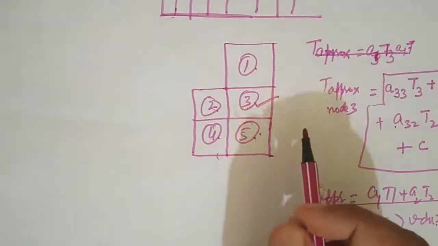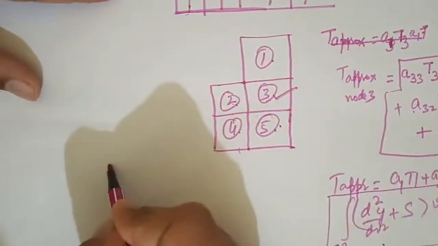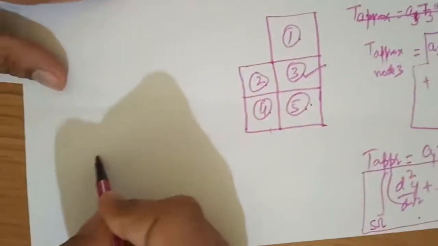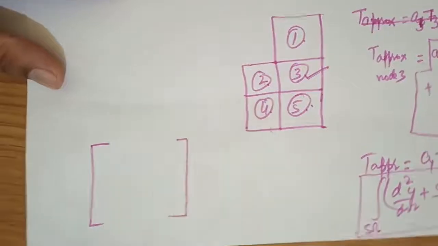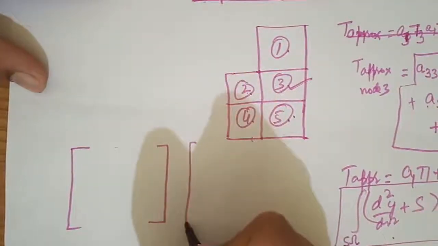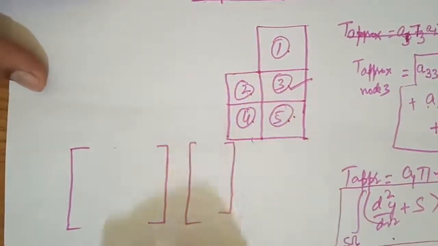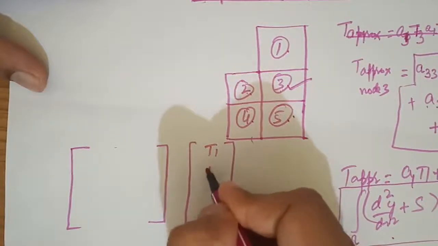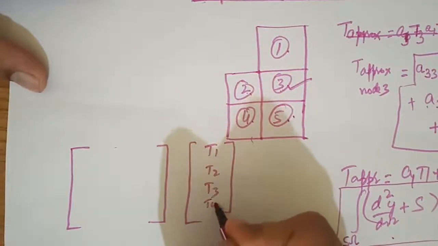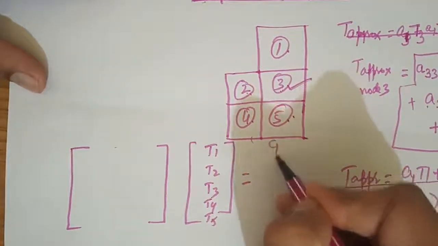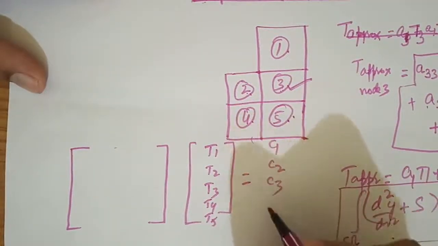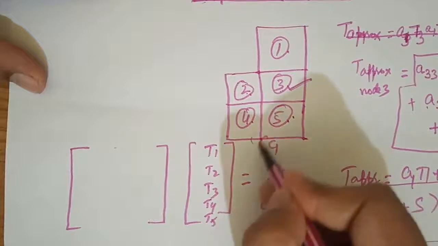Now let's try to write down, say I have something like this as my global matrix, and here I have what is to be found, say T1, T2, T3, T4, T5, and here I have some constants, say C1, C2, C3, C4, C5.